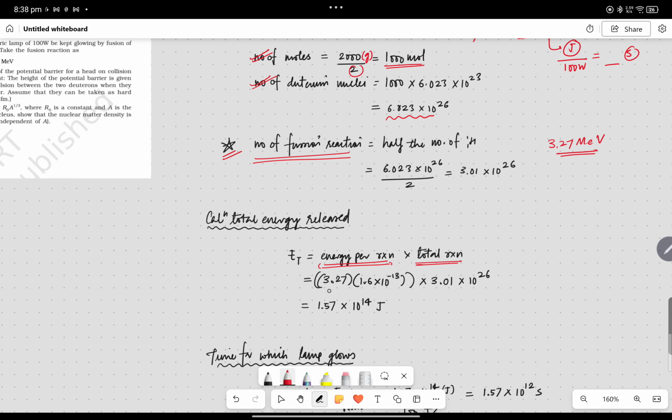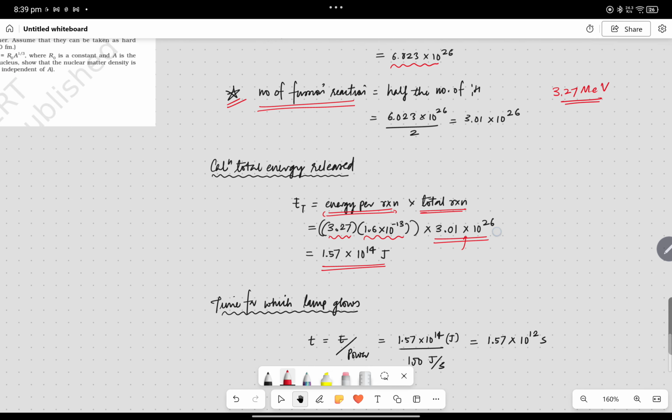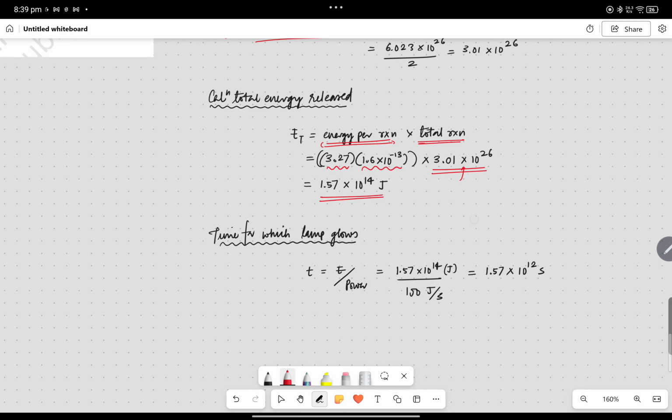So it is easy. First of all, you have to convert this mega electron volt into joule by multiplying it with 1.6 into 10 to the minus 13, and then multiply it with the number of reactions happening here, so you get the total energy released. After that, once you get the total energy, you just divide it by the power, that is 100 watt, which you can also write as 100 joule per second.